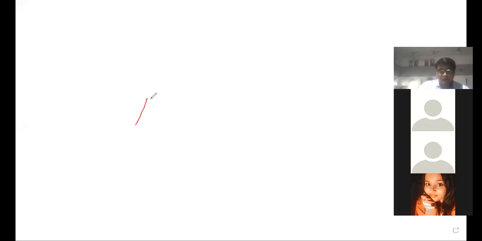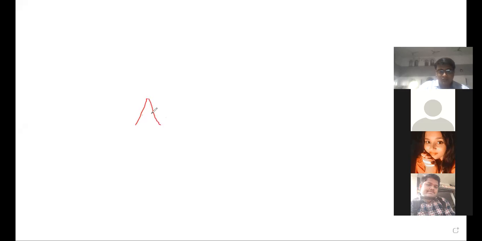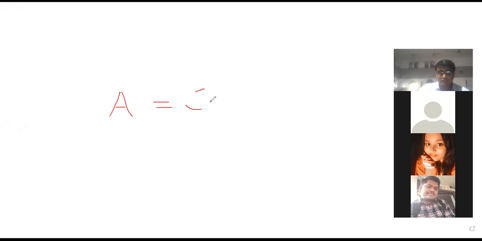So, you know this equation: whenever we are studying UV visible spectroscopy, absorbance is measured, okay? And this absorbance has this equation: A = epsilon into C into T, okay?